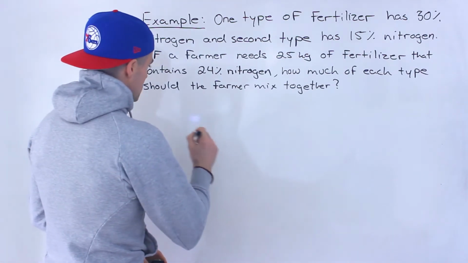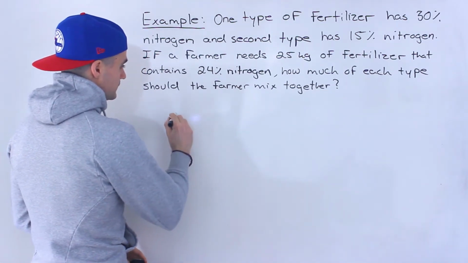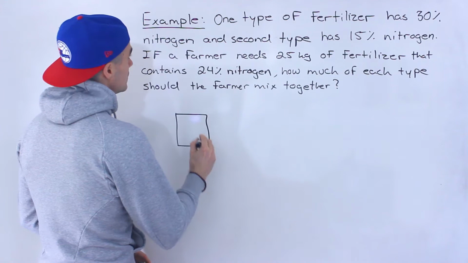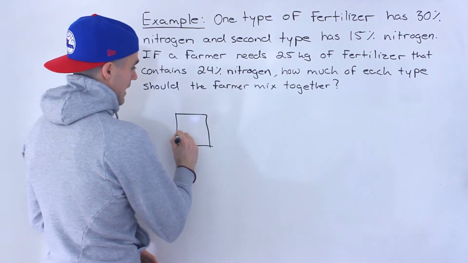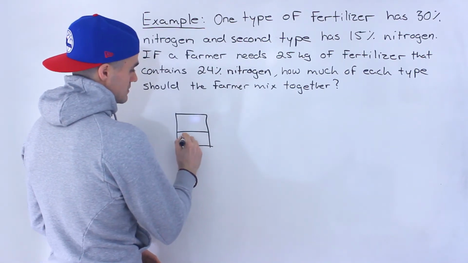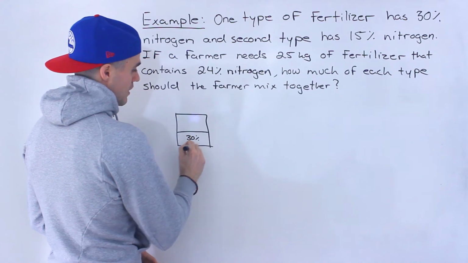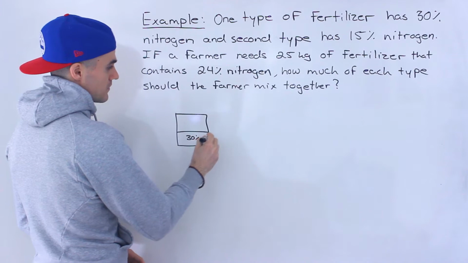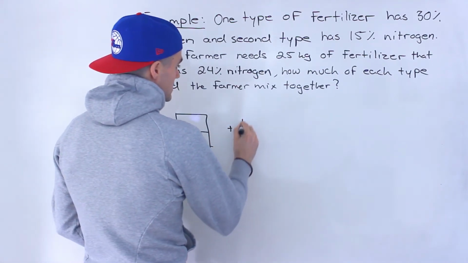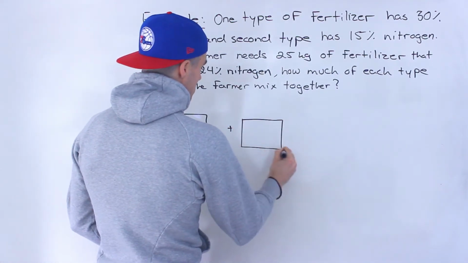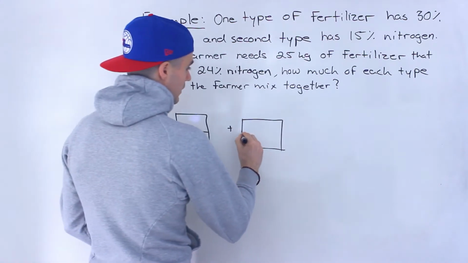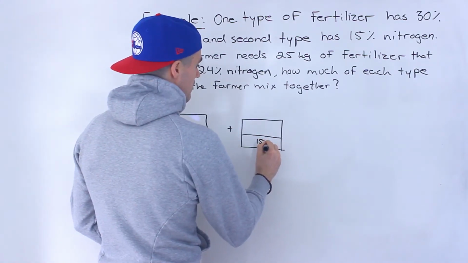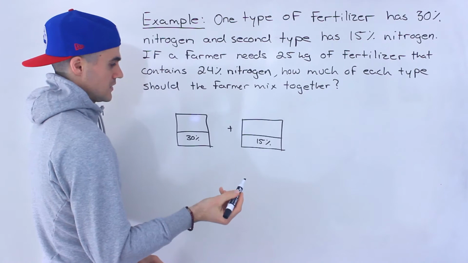So let's show this in a diagram here. Let's say this is the first type of fertilizer, and 30% of it is nitrogen, so this area right here. And then we're going to mix another type of fertilizer with this one, and this one over here has 15% nitrogen.